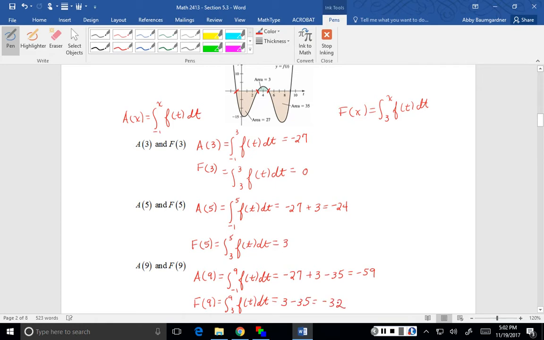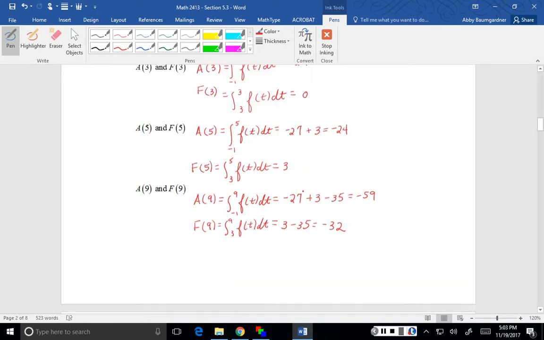Add them up, you get -32. These are negative values. They are net area. Remember, actual area cannot give you negative values. These are net area.